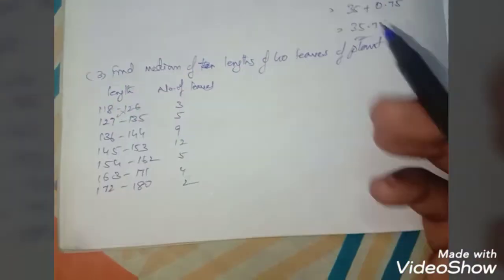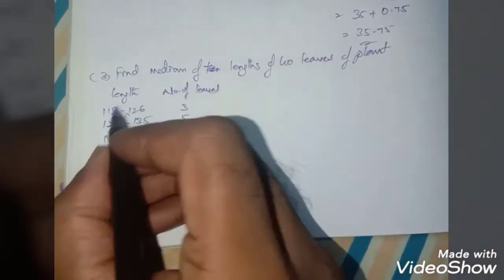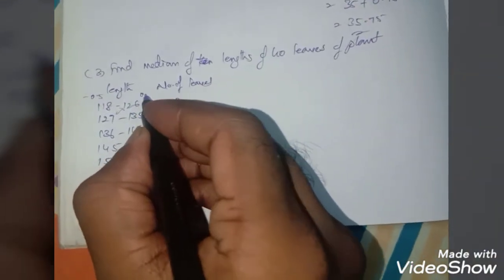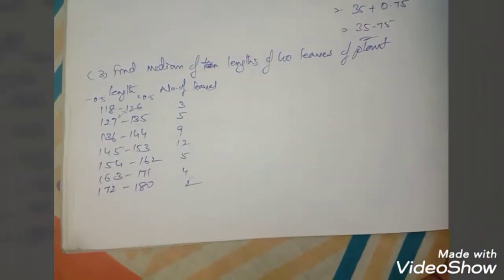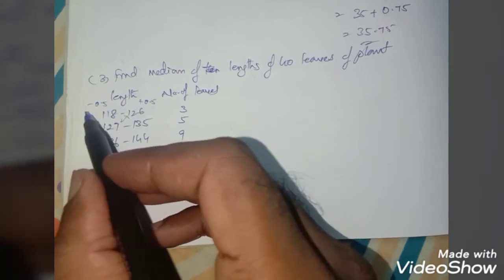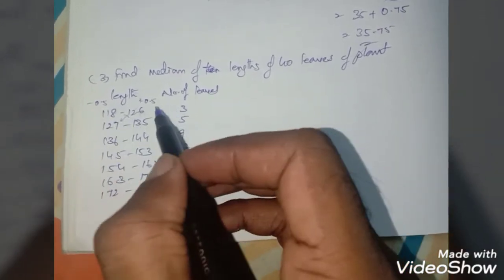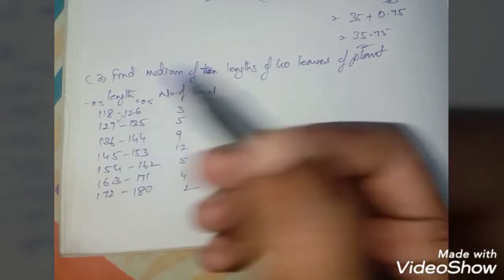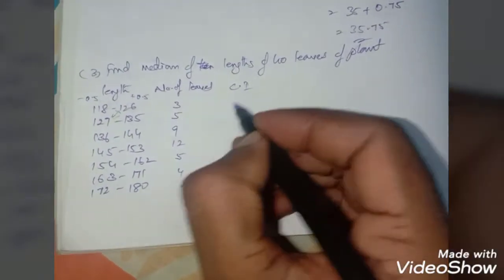Now how to remove this difference? By subtracting 0.5 from the lower boundary and adding 0.5 to the upper boundary, so that the difference will be removed.